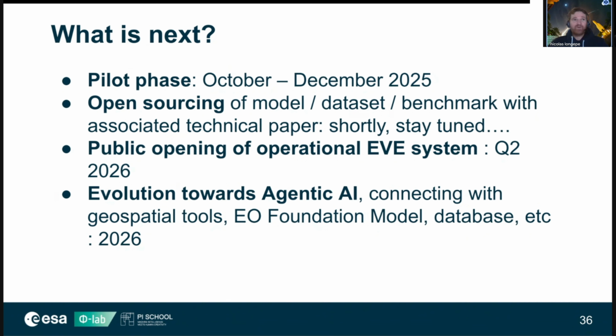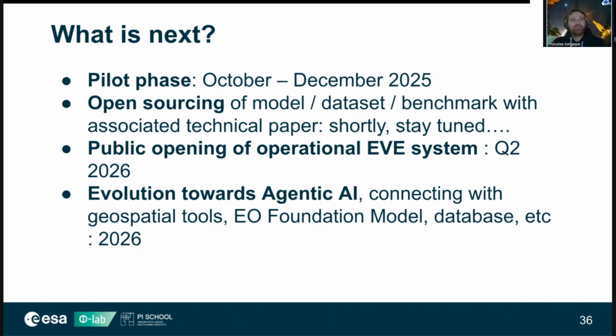As we mentioned before, everything will be more or less open source: the model for sure, the datasets for those for which the license enables the disclosure. Then the benchmark will be disseminated as well, as well as the technical paper that will describe the developments. We aim to make this system fully operational likely in Q2 this year.